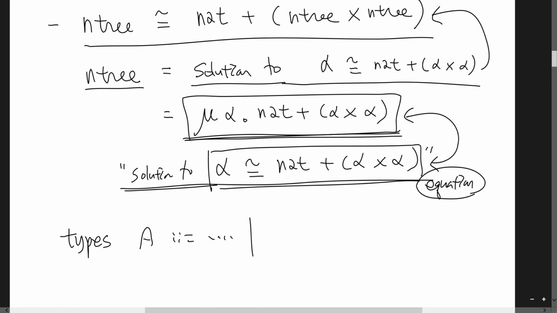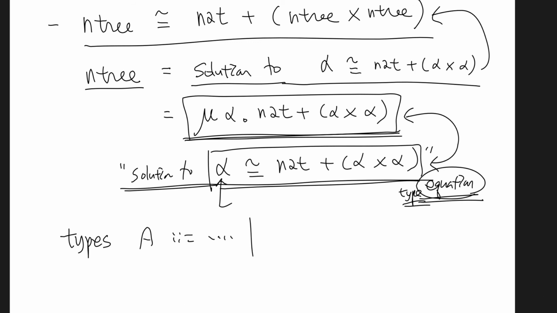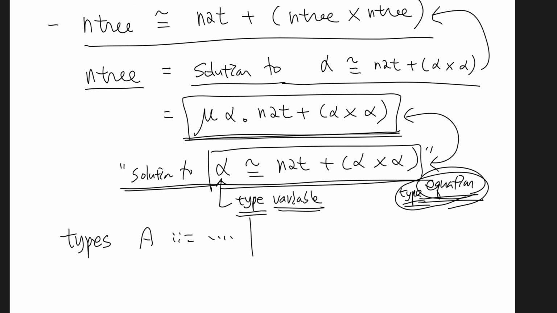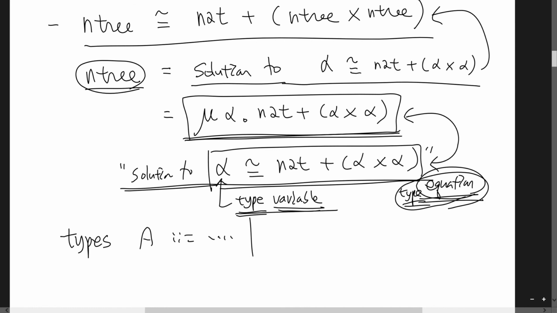Likewise, this is a type equation, so you have to have a variable, and the variable is this alpha. For historical reasons, we call these type variables using Greek letters. It's a variable because it governs the equation, and it's a type variable because the solution is a type, not a natural number or integer. The solution is going to be a type, something like natural number 3.